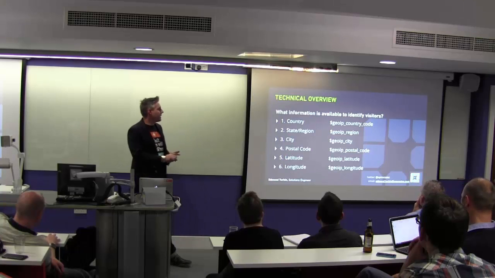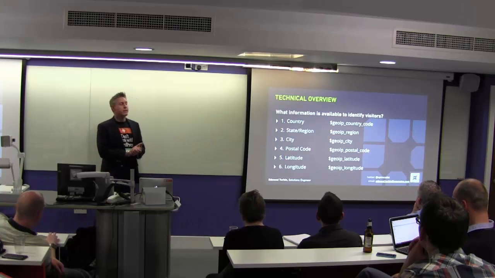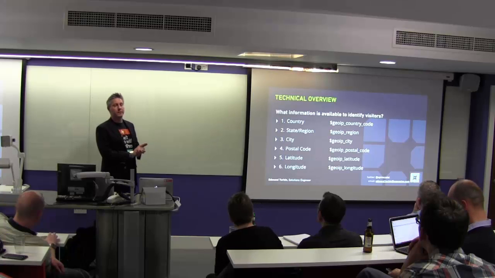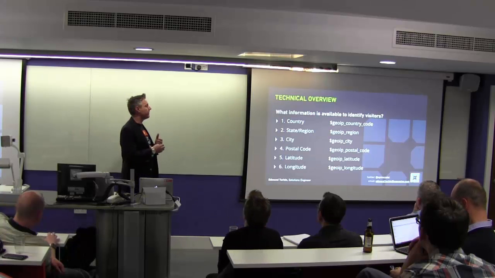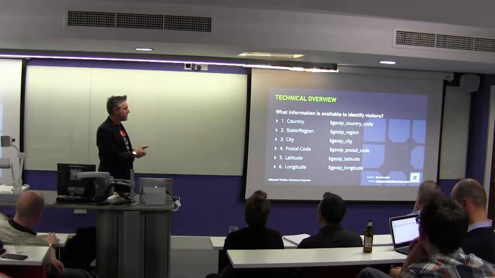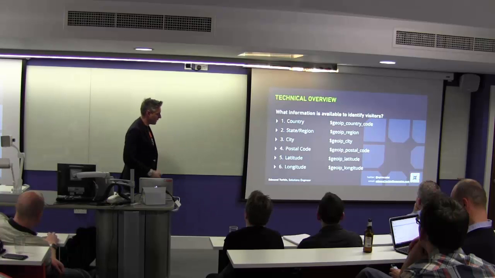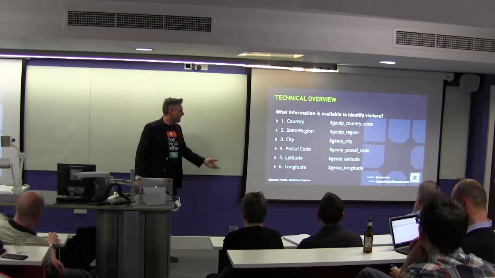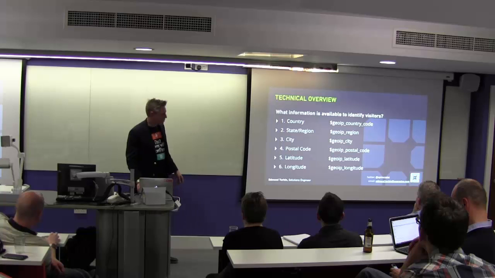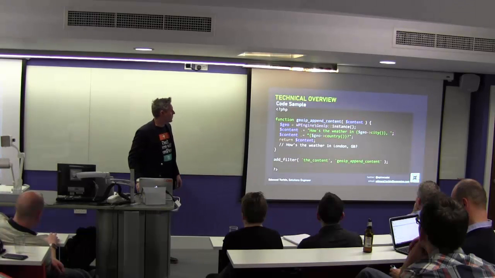The information that we can identify at this point is based on the database, so it's based on what's currently available. These are some examples of variables you would use to identify the country, state, city, postal code, latitude, and longitude. That's exactly what it would look like from a programming perspective and how you'd use it.